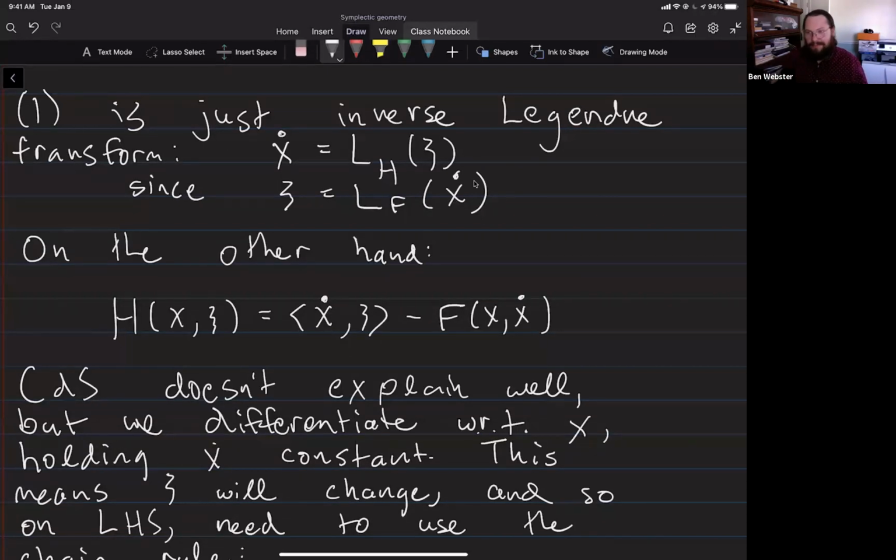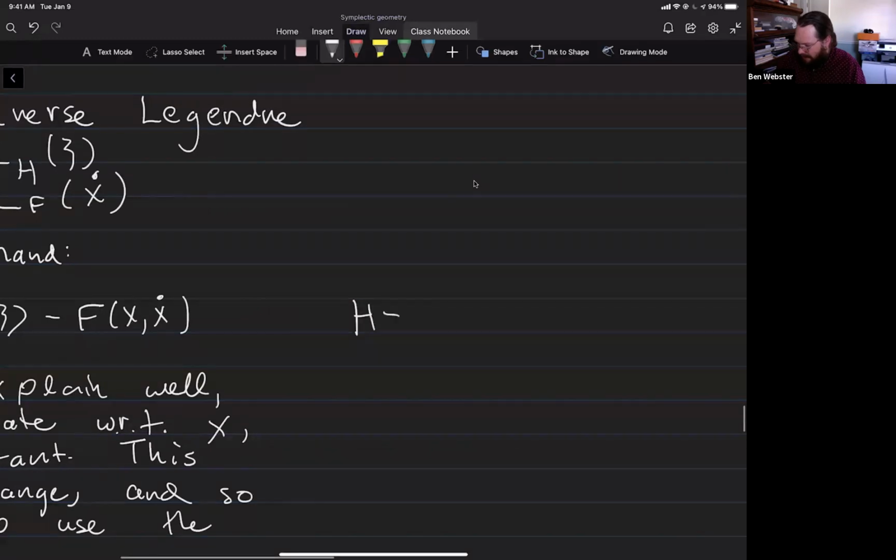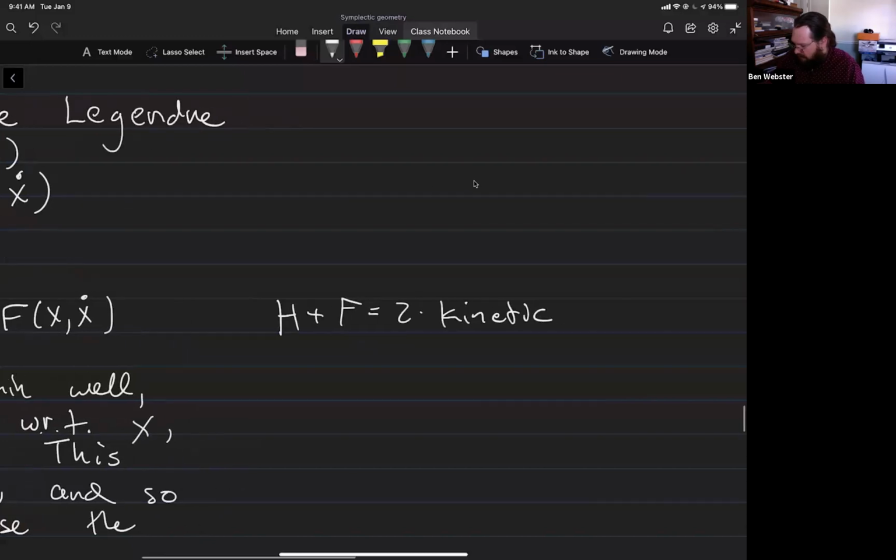So, right, this is saying that if the Hamiltonian is kinetic plus potential energy and the action is kinetic minus potential energy, well, the sum of the Hamiltonian and the action is just 2 times kinetic energy. So this is saying that h plus f is 2 times kinetic energy, which is the same as the pairing of the velocity and the momentum.